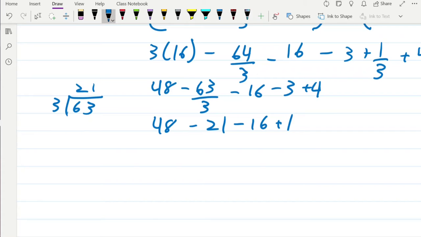So we're going to take 48 minus 16, that's 32 minus 20, which will be 12. And our answer for this one is not 12, and I think I'm a bit off.